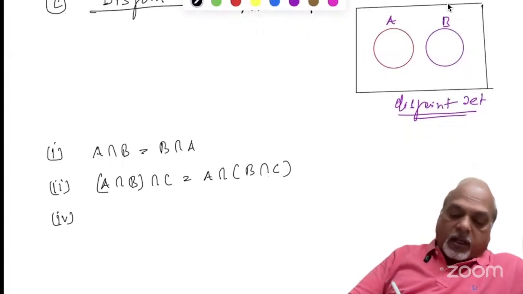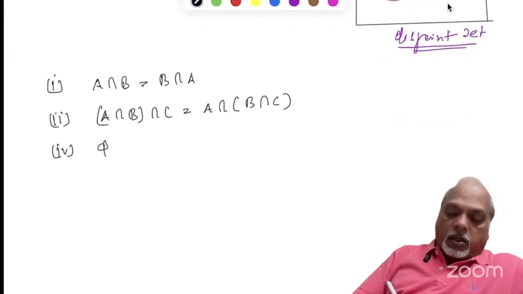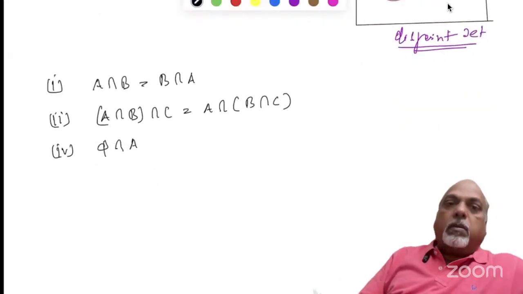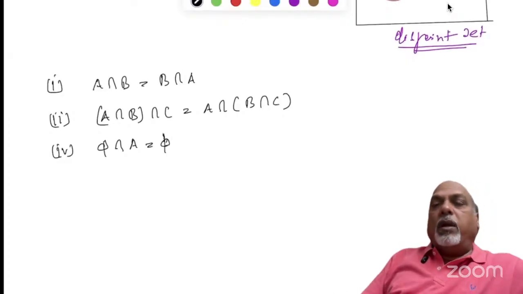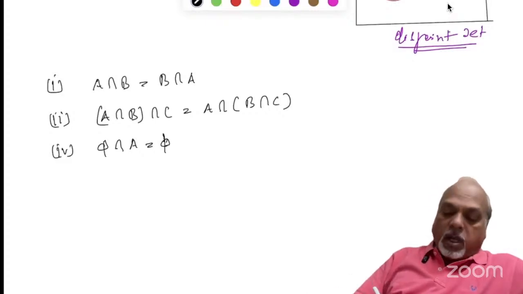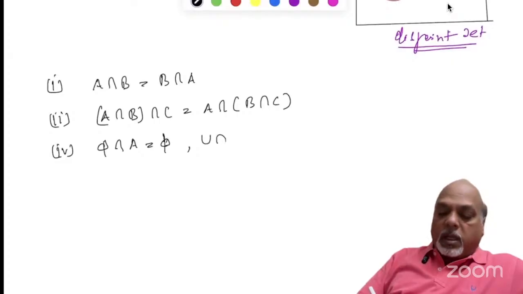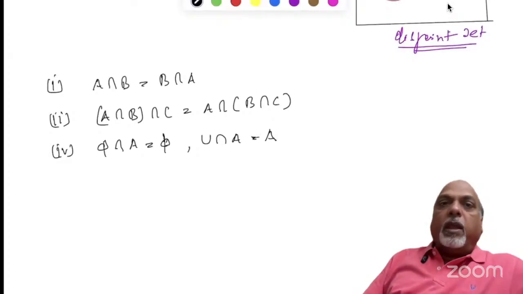Then phi intersection A will be what? Phi only, because phi has got no element. That means phi intersection A has got no element. And universal set intersection A will be A, correct?